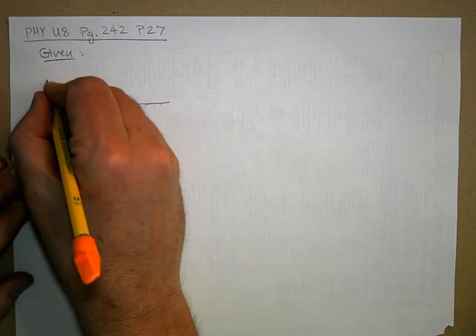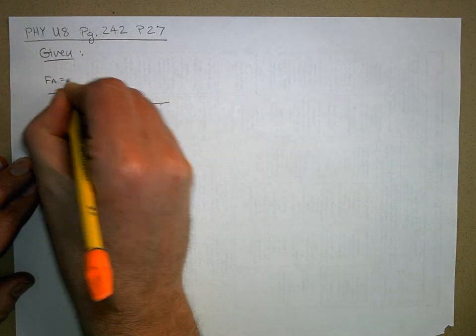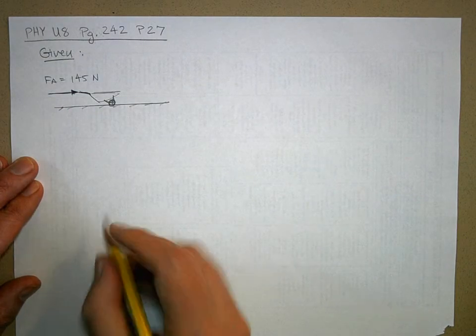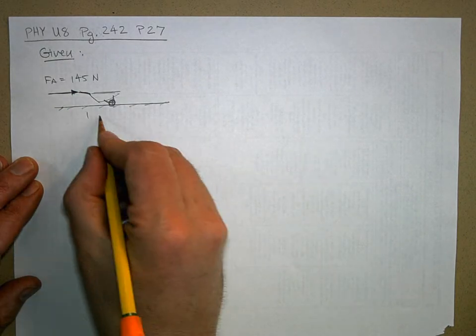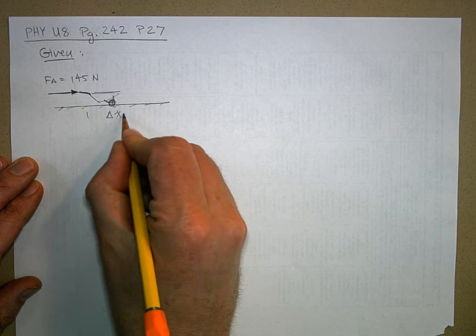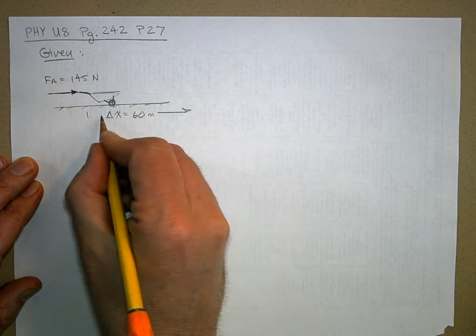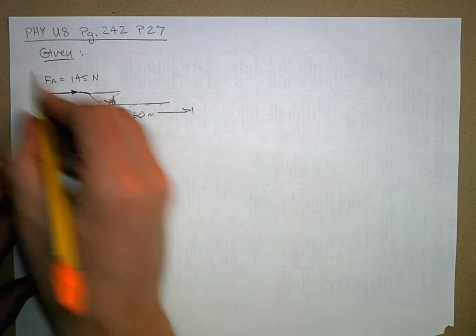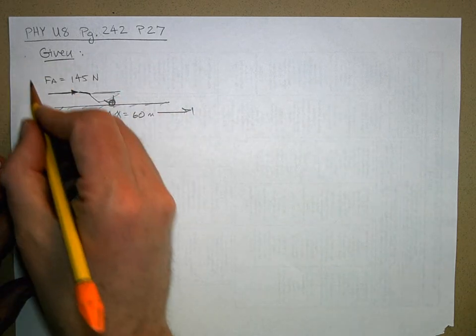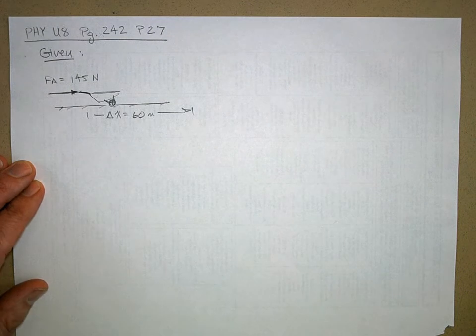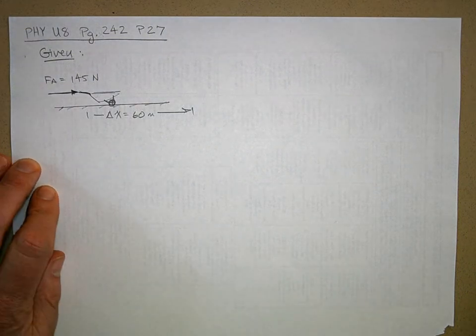So the applied force, 145 newtons. And the displacement is 60 meters. And at least this is the problem for part A. Well, we'll deal with that in a second. And oh, they give us the time.